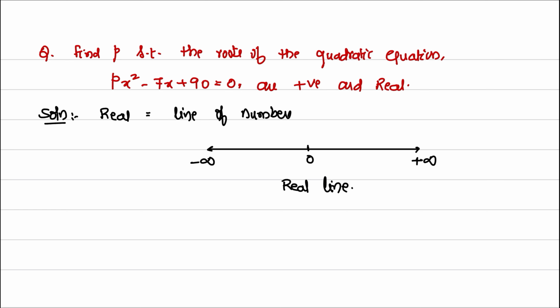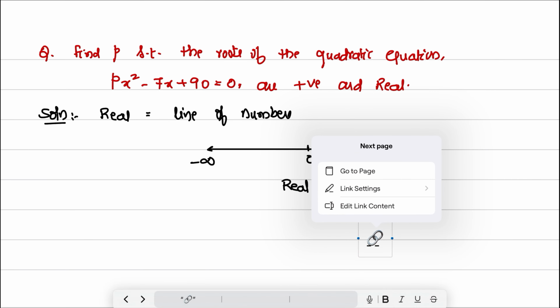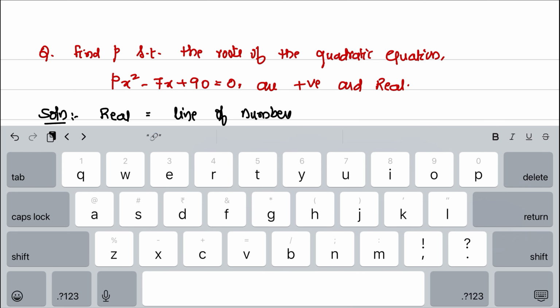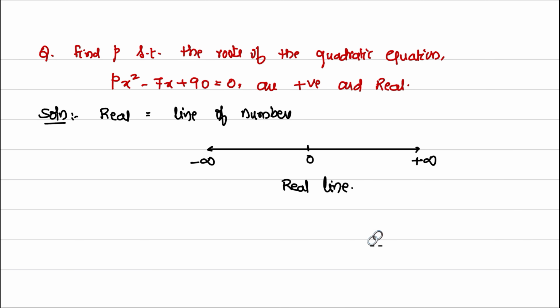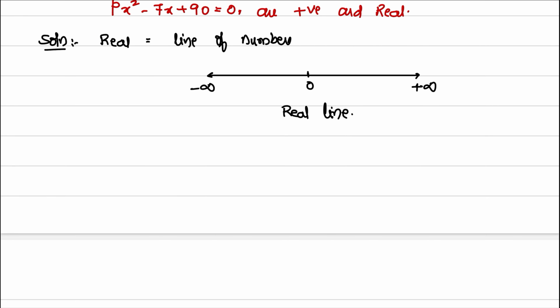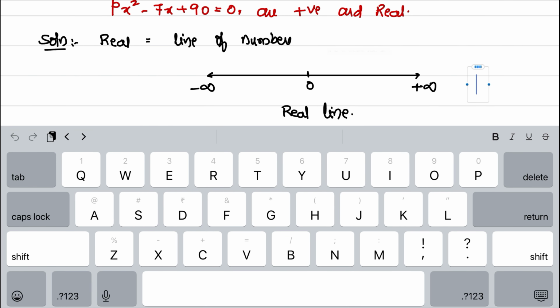On this real line, what is the value of p, so that the roots of the equation lie on the real line? Roots are positive, means right side to the origin. One root may be here and another root may be here.